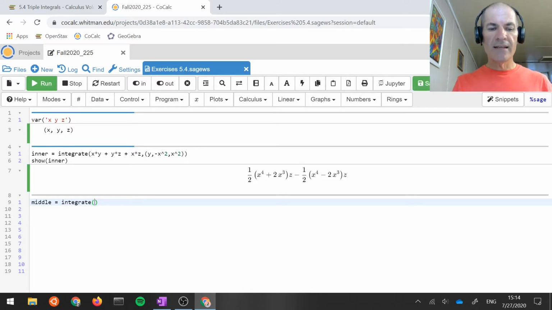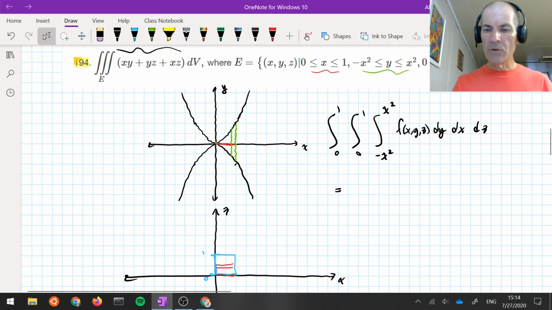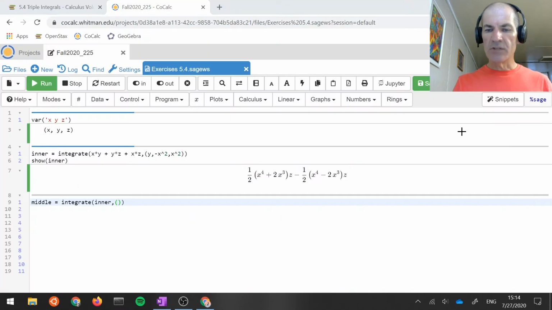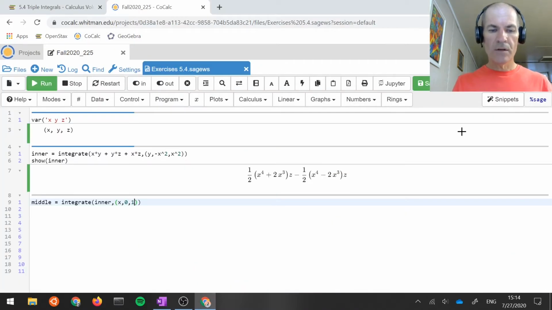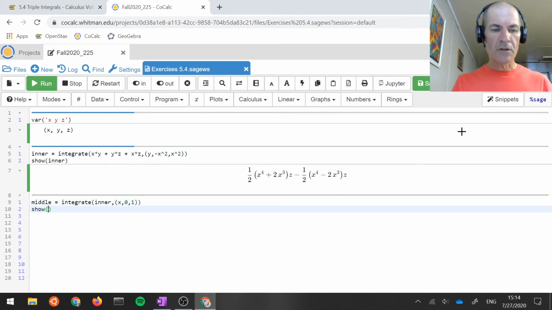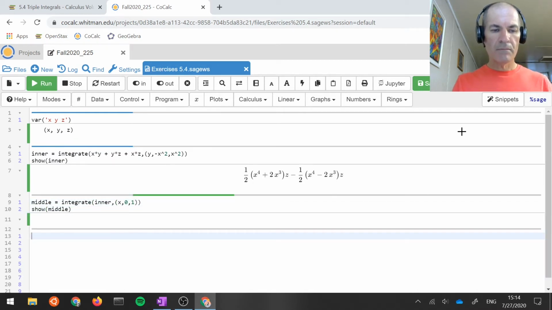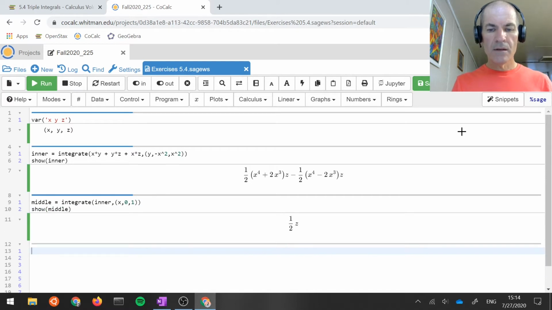We're going to integrate the inner integral with respect to what variable? With respect to the x variable. Over what range? 0 to 1. And then I'm going to ask Sage to show me the result. That simplifies rather nicely, z over 2.